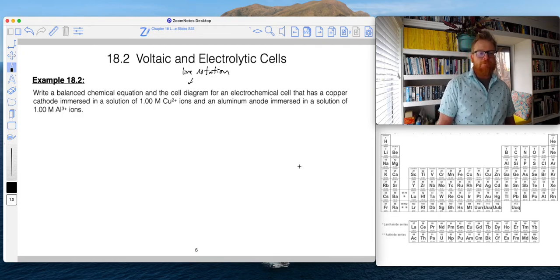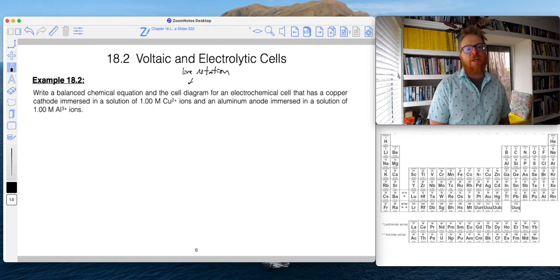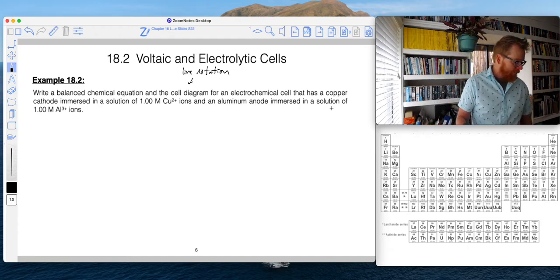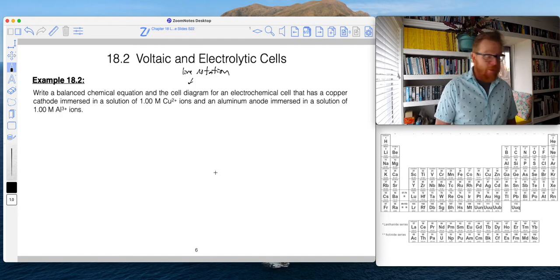Okay. So write a balanced chemical equation and the line notation for an electrochemical cell that has a copper cathode immersed in a solution of 1 molar copper ions and an aluminum anode immersed in a solution of 1 molar aluminum ions. Okay. Well, so we need a balanced reaction.